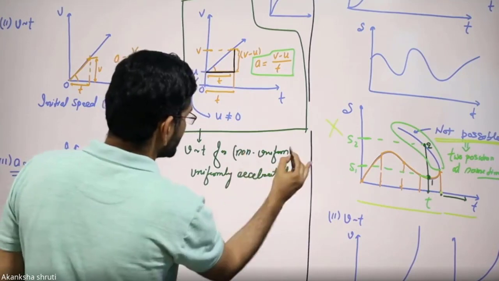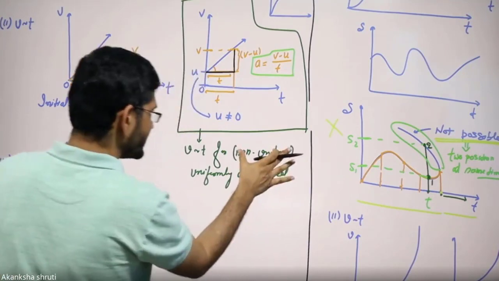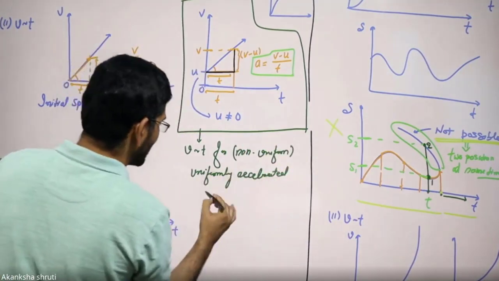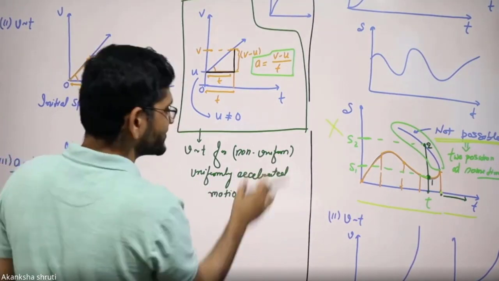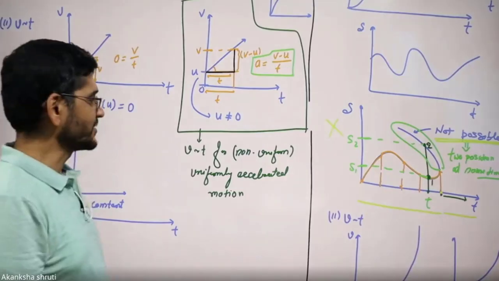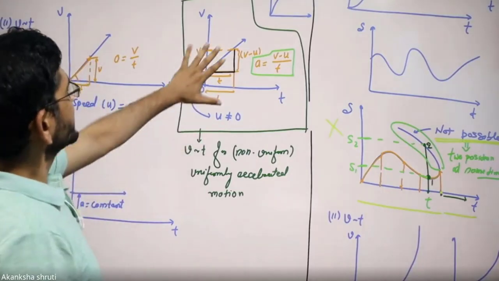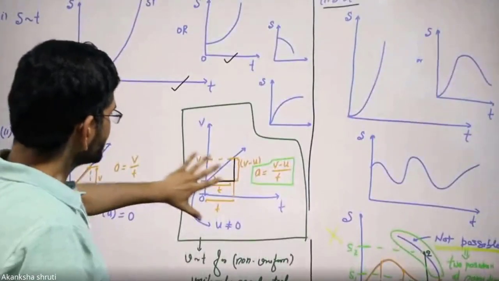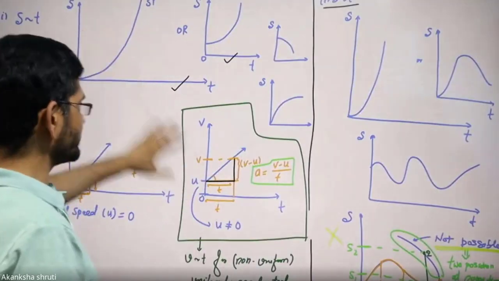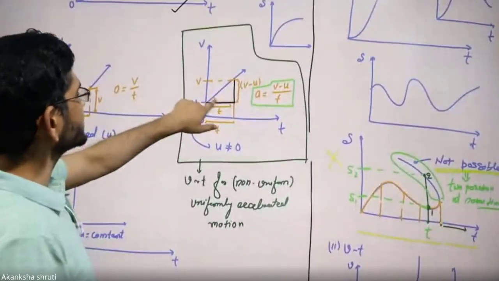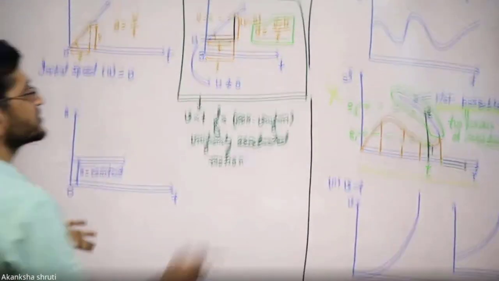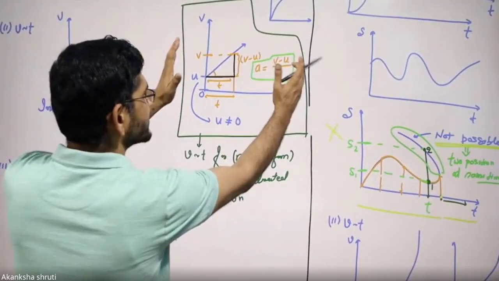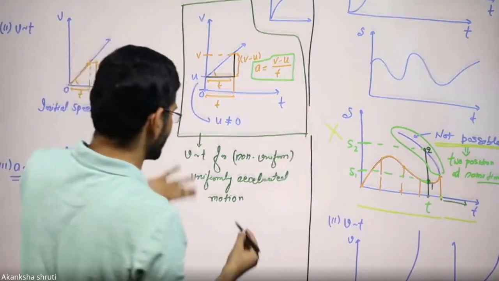Non-uniform is the motion, and within that, it is uniformly accelerated motion. Non-uniform means the speed is changing. That is very important, because keep in mind, from this velocity-time graph, the distance covered can be calculated, or by taking the slope, the acceleration can be calculated. So this is most important, and considering this, we are going to derive.